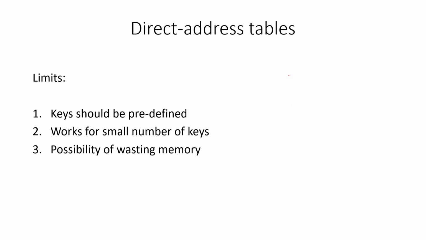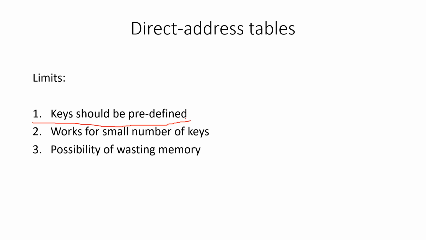But direct address tables, as I said before, have some limits. The first one is that the keys should be predefined. For example, if you have data structure T with size 100, you should have keys between 0 and 99, or between 1 and 100, inclusive.